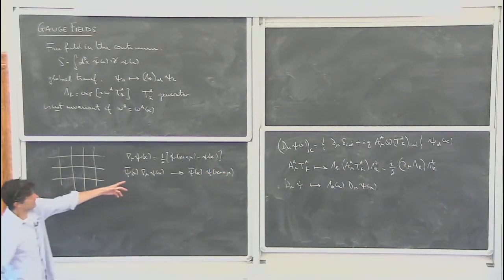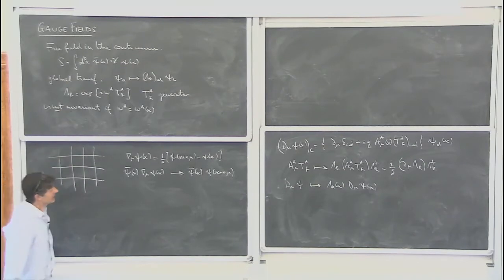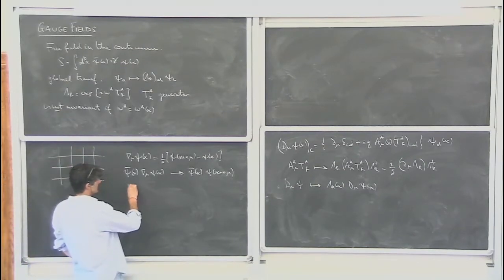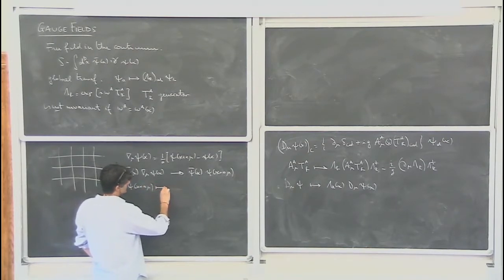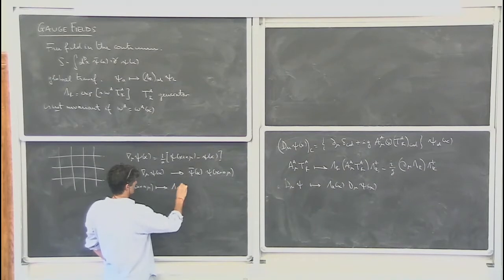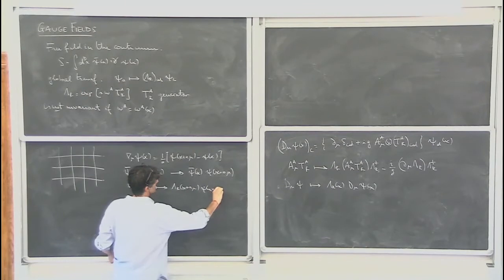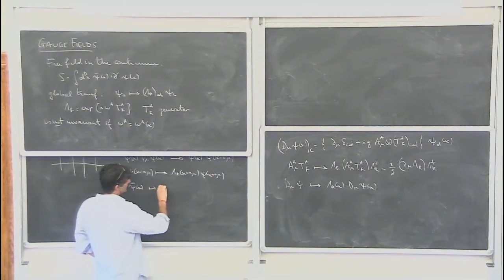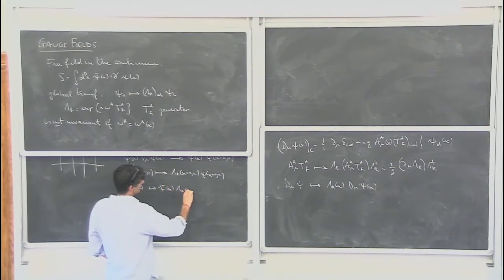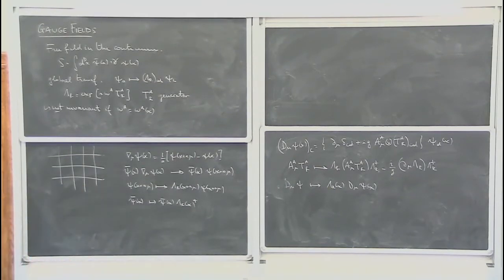And here the non-invariance under local transformations is obvious, right? In the sense that psi of x plus a mu transforms into lambda R of x plus a mu, psi of x plus a mu, psi bar of x goes into psi bar of x, lambda R of x dagger, and these two factors do not cancel. Okay?